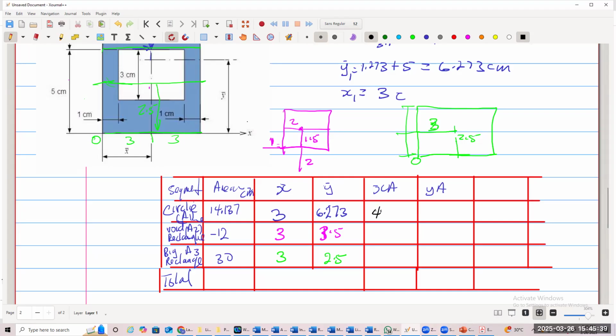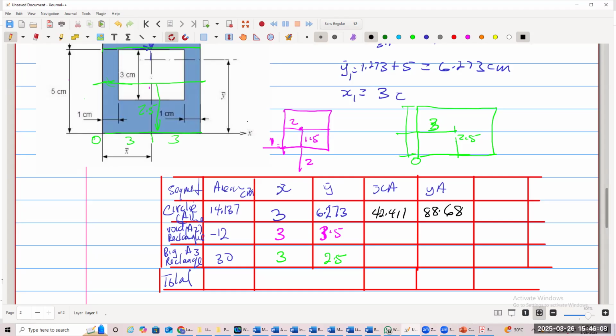And then the other one is 14.137 times 6.273. That gives you 88.68. Right, so that is that.